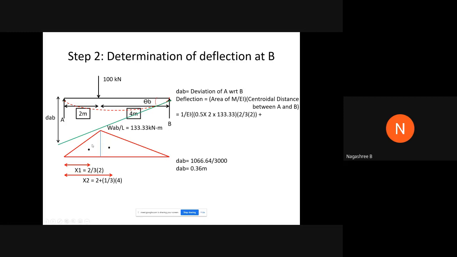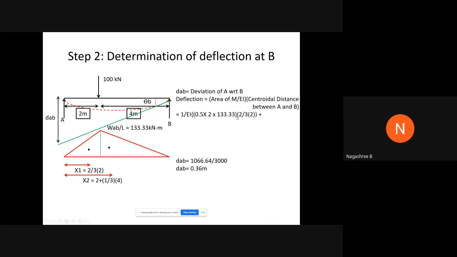I take the area of the first triangle, of span 2 meters, which is 0.5 into base 2 meters into height, which is WAB divided by L, that is 133.33, the height of the triangle. You just substitute over there.